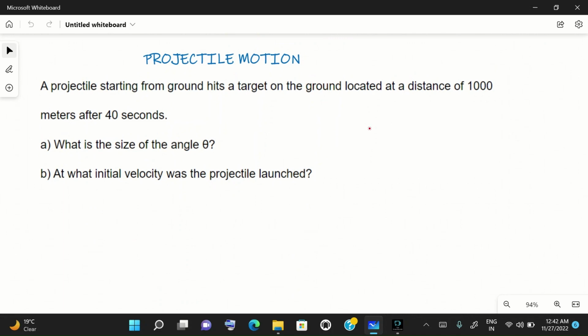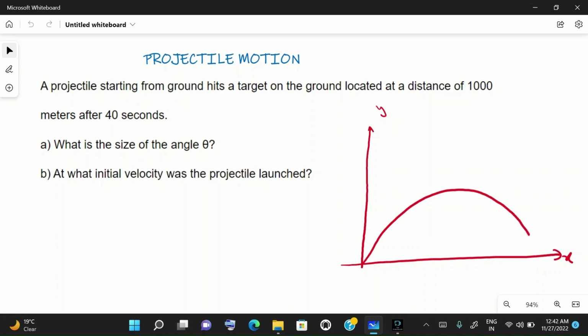See, this is the projectile. This is x-axis, this is y-axis. Projectile is thrown from the origin and it falls on the ground after 1000 meters. And time of flight, total time, is given as 40 seconds.